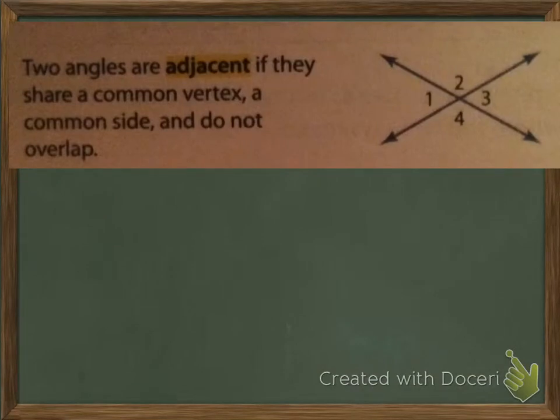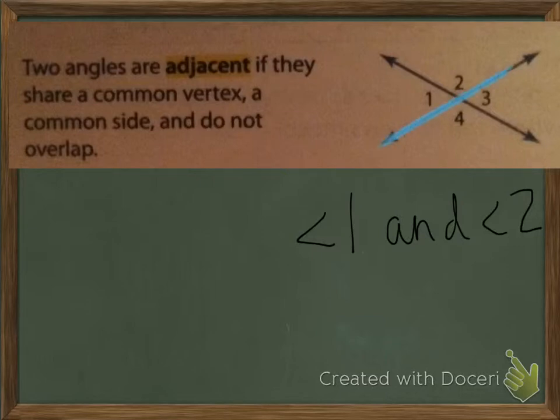So let's take a look at a little bit more. Two angles are adjacent to each other if they share a common vertex and a common side, but do not overlap. So, for example, angle 1 and angle 2 are adjacent to each other, but they do not have the same measure, because if you look closely at these, they form a straight line, and the measure of a straight line is 180 degrees.